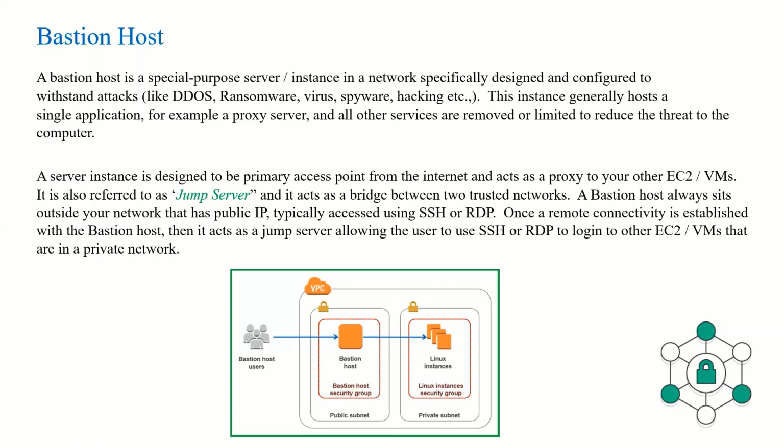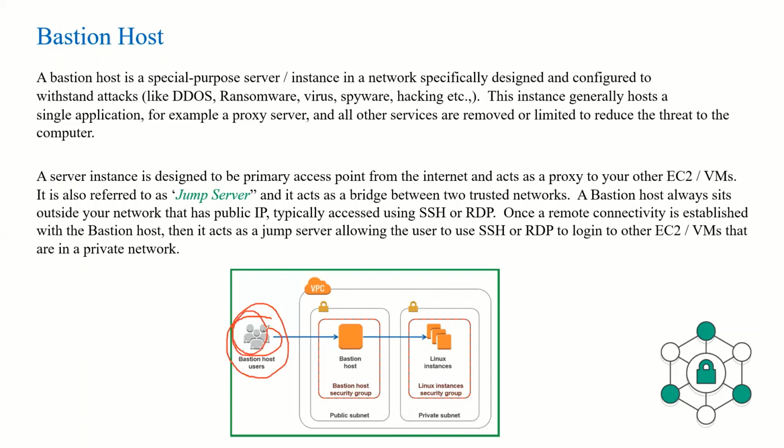So once the remote connectivity is established with the bastion host, then it acts as a jump server, allowing you, the user, to log into the main core virtual machine, that is the corporate network, that is in a private network where there is no public IP address. Okay, so in this pictorial presentation, you can see here we are the bastion host users.